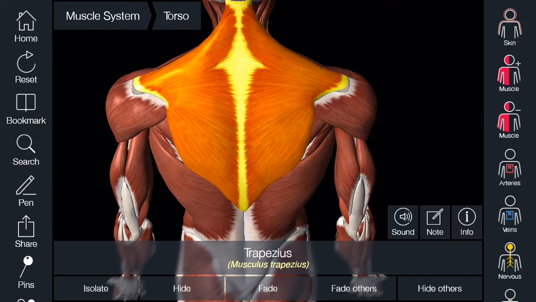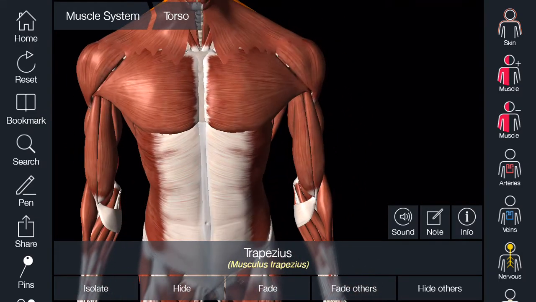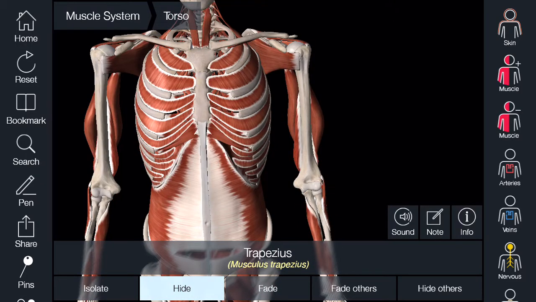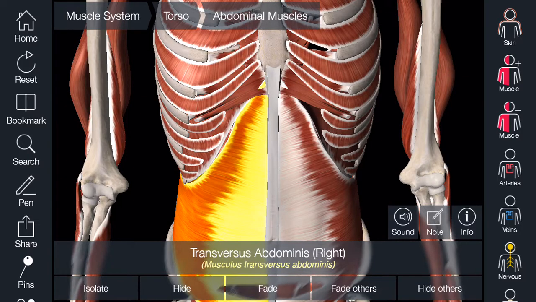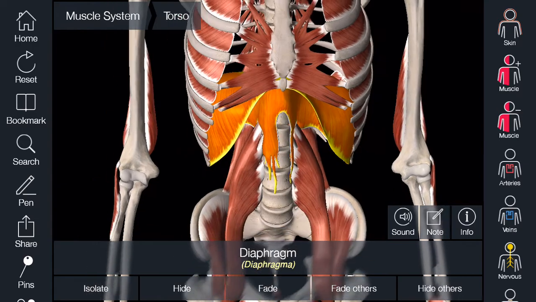And finally, we have the diaphragm, which I don't even know if I could show the diaphragm on here, but let's try. Can I? No, that's a rib. That's the abs. There it is. There's the diaphragm.